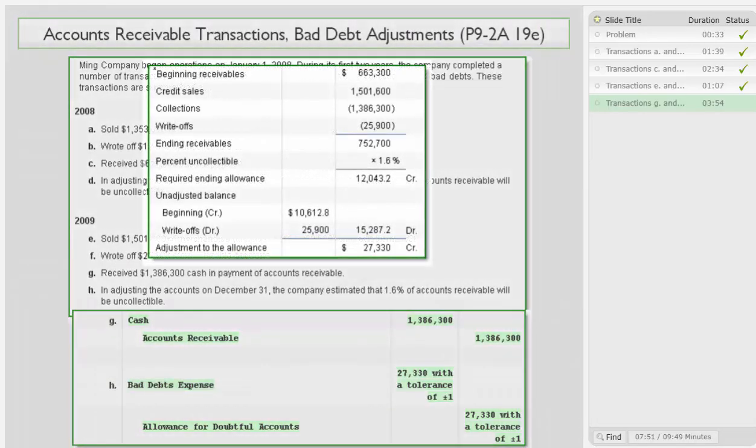Let's take a look at how we come up with the entry of $27,330 as the amount to debit to bad debt expense and credit to allowance for doubtful accounts. You see the new pop-up window that appears near the top of the screen. For 2009, we start out with a beginning receivables balance of $663,300.